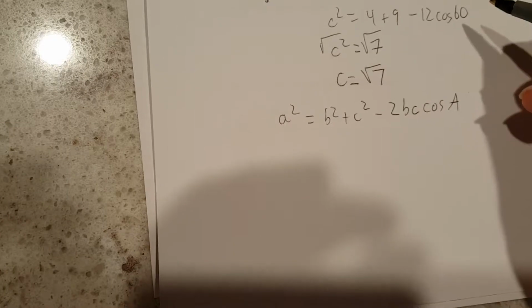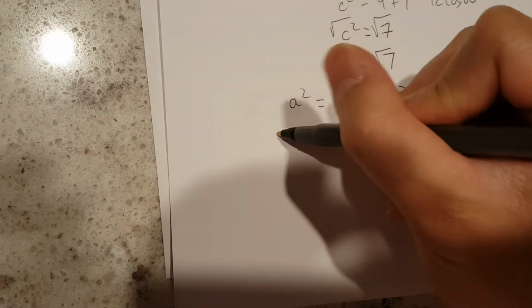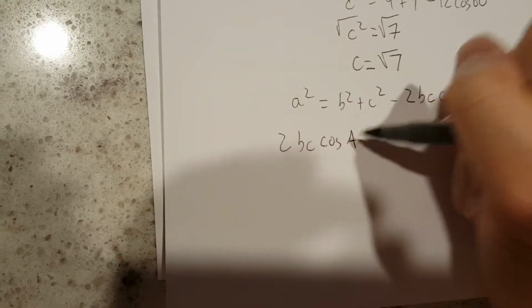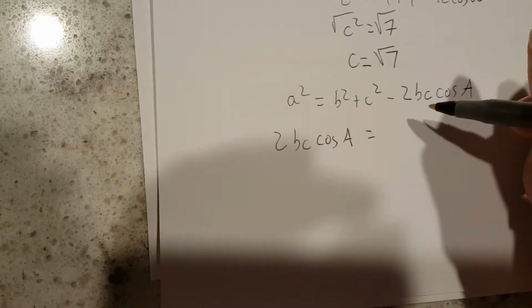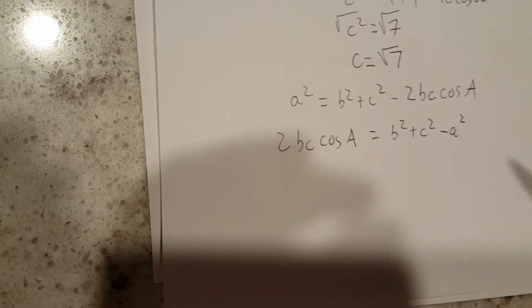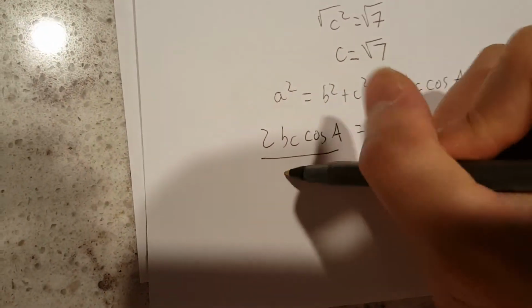So I'm going to have 2bc cosine A. I'm going to bring everything else to the other side. So this is b squared plus c squared minus a squared. And then I divide everything by 2bc.